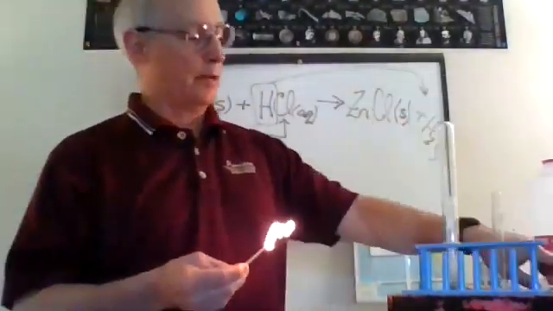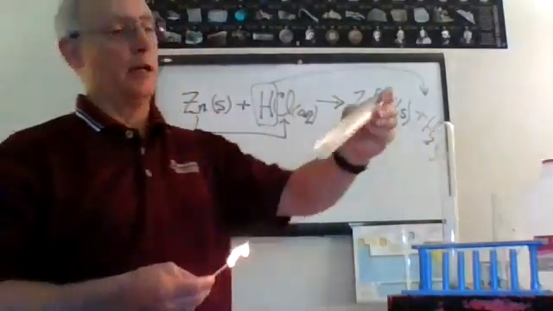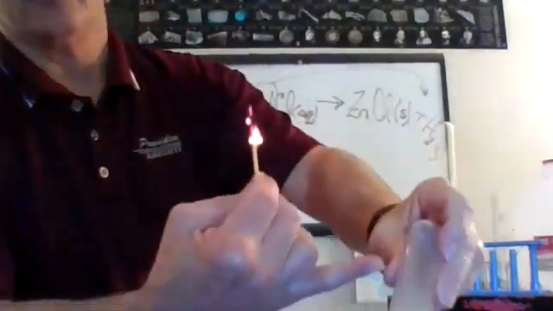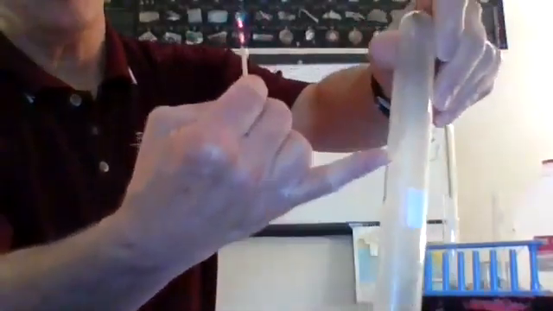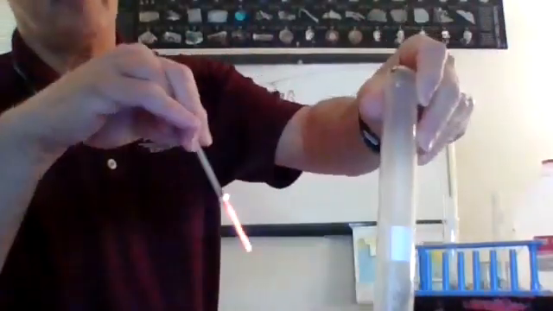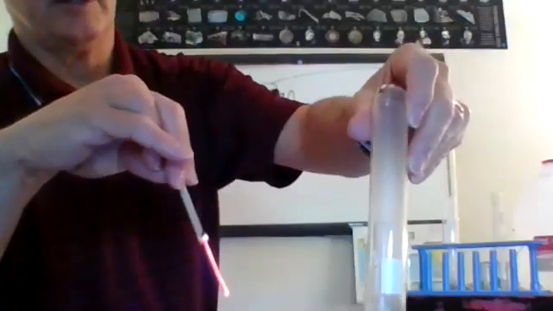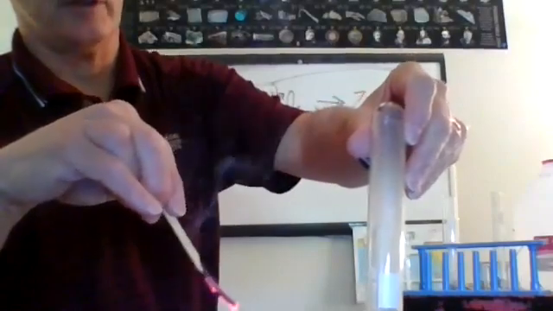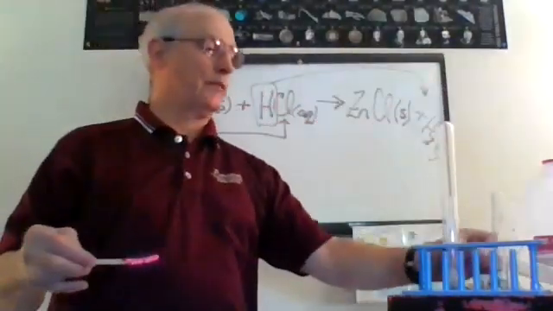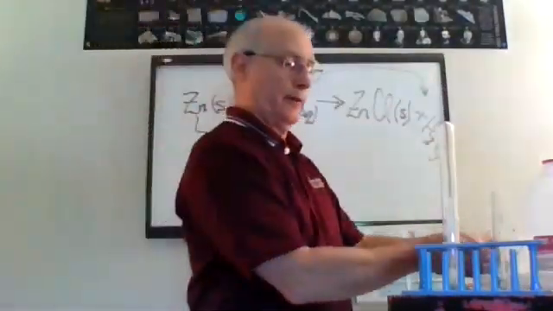Let's gather up some more. And while we're gathering up some more, inside here you can see water droplets. See how foggy it looks? It was initially water vapor, but then it turned into water droplets. I'm going to try to salvage this flame. Nope, I didn't salvage it. So I'll pop it again.